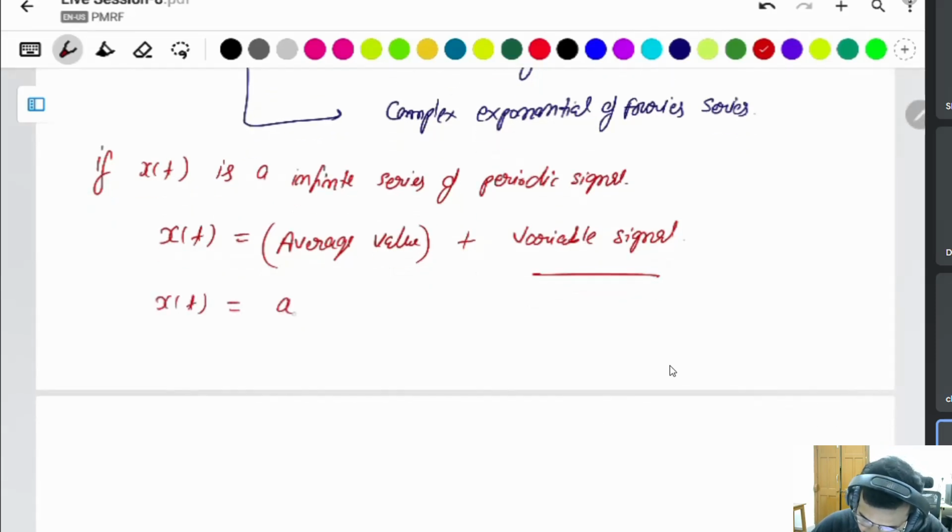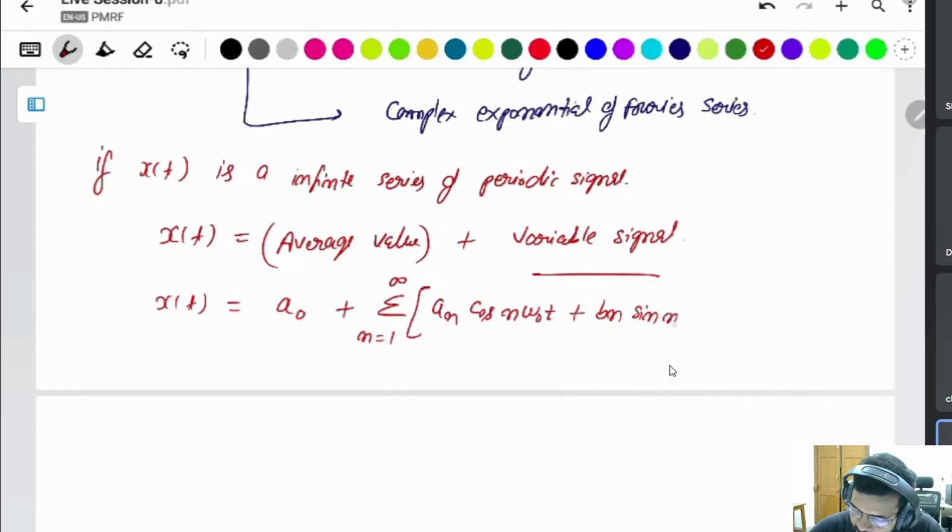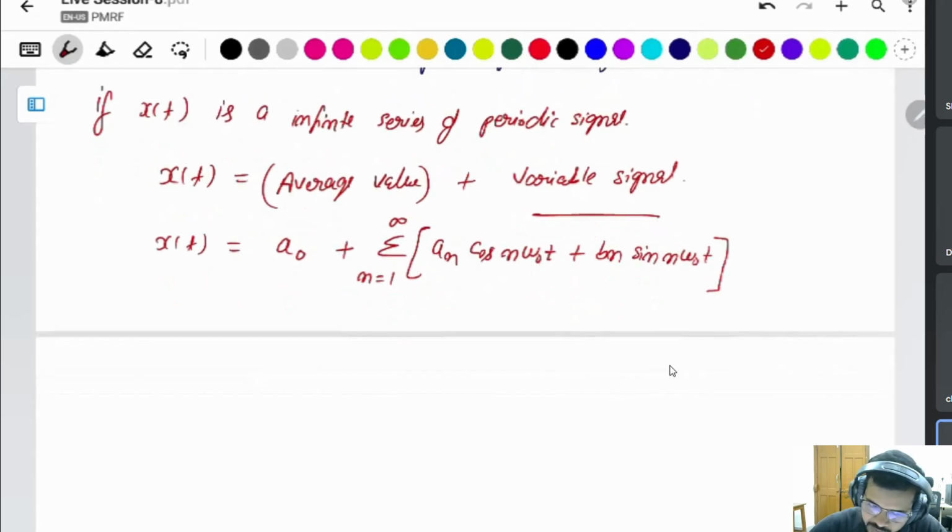This constant is denoted by a naught, and the other is a summation of all the harmonics, n from 1 to infinity, a n cos of n omega naught t plus b n sin of n omega naught t, where omega naught is the fundamental frequency of the signal.